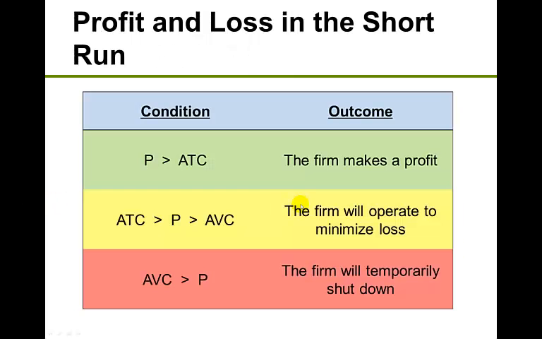You can summarize all of this in this nice little table. Whenever price is greater than average total cost, I'm going to make a profit. Whenever price is between the minimum average total cost and the minimum average variable cost, I'm going to stay open, but I'm going to lose money. And whenever price is less than the minimum possible average variable cost, my firm is going to shut down.